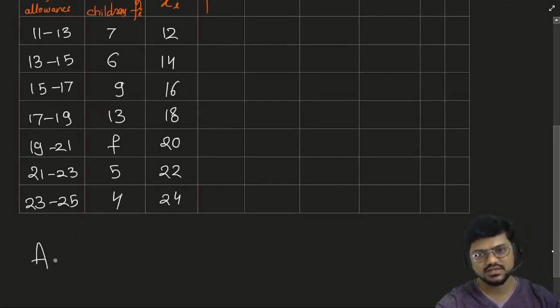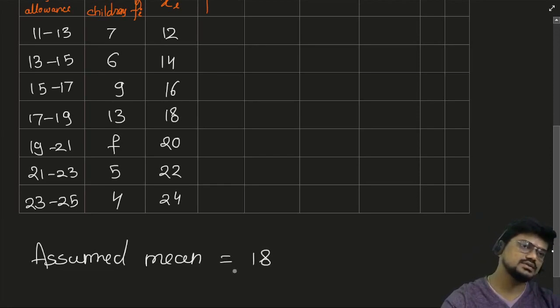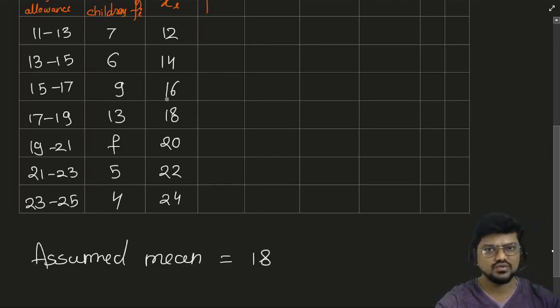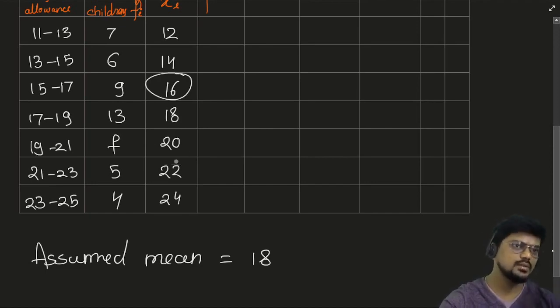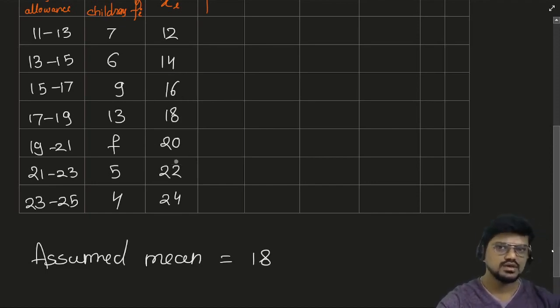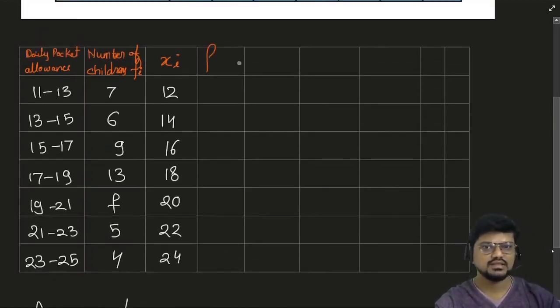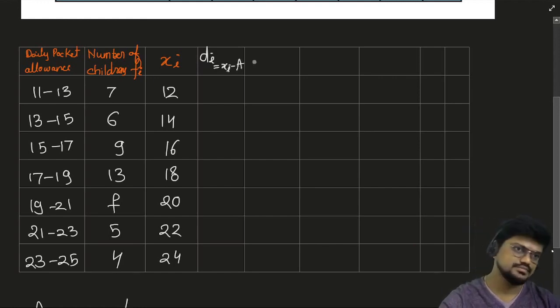So what I am considering as my assumed mean is 18. I'm taking it as 18. You can take anyone, even if you want 16, 20, or 22. Recommended is the middle value, either 16 or 18. So if I take the assumed mean as 18, then I'll find the di, that is your xi minus the assumed mean.